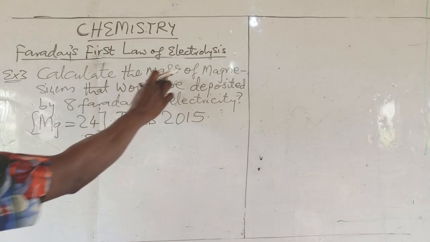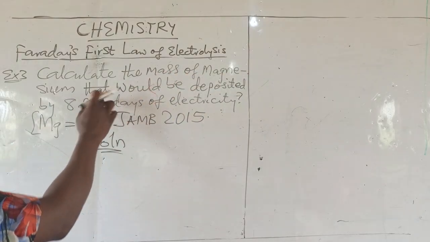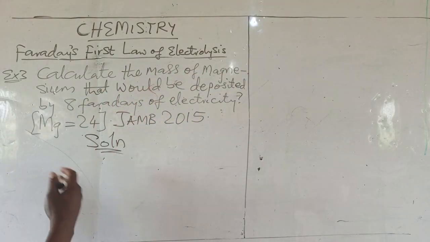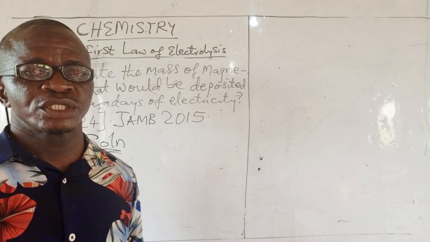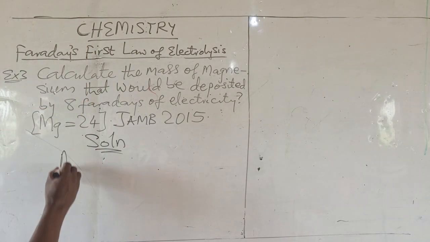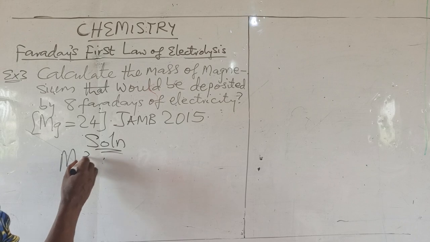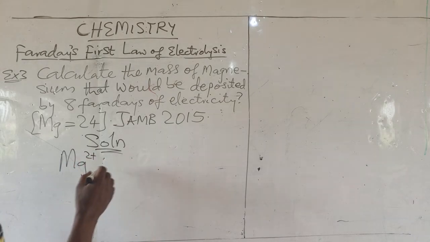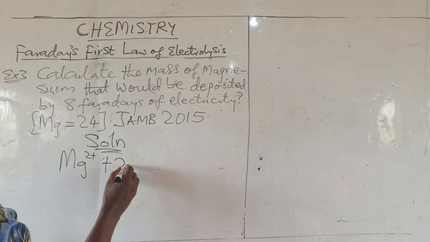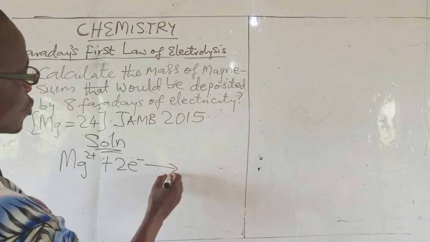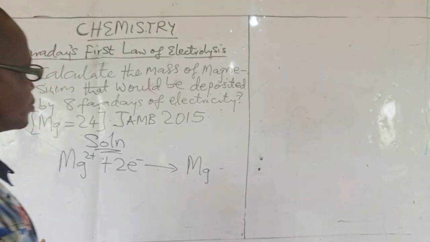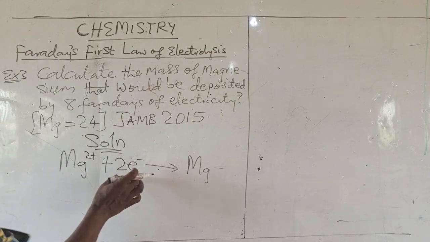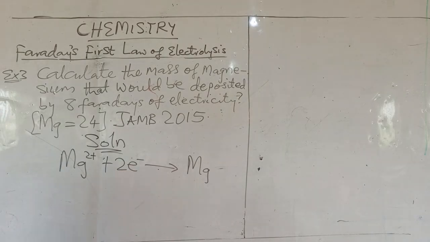They said calculate the mass of magnesium. You need to know how to write the half cell reactions. So the magnesium ion will collect two electrons to become a magnesium atom. Now here you have 2 moles of electrons.